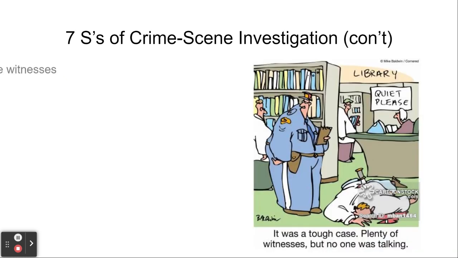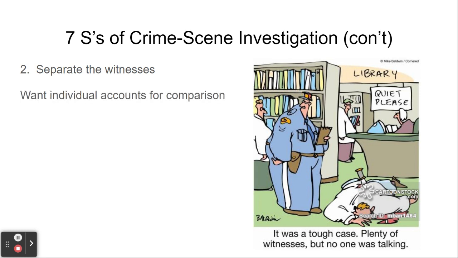The second thing that's going to take place, the second of the S's, is to separate the witnesses. You want to create an opportunity for those individuals to write down their particular observations. If you've heard of witness statements, oftentimes they're going to take a written witness statement.